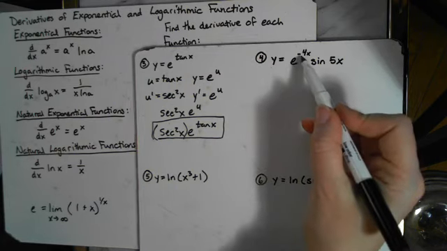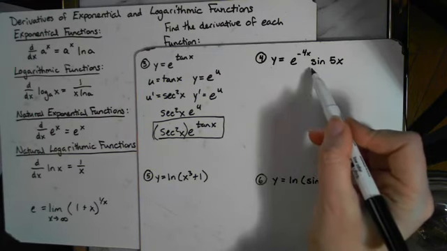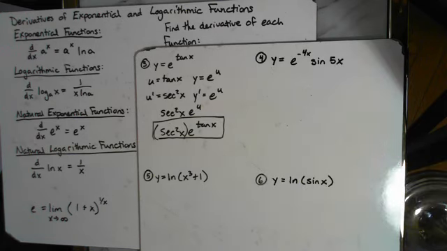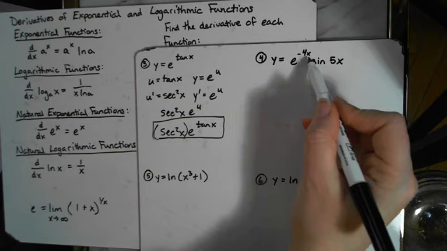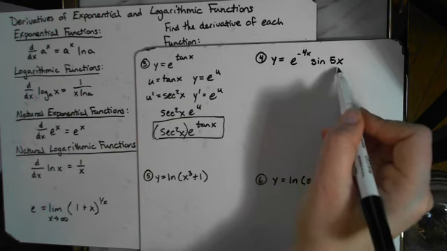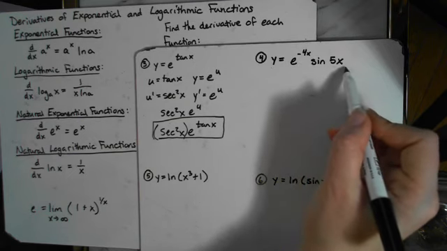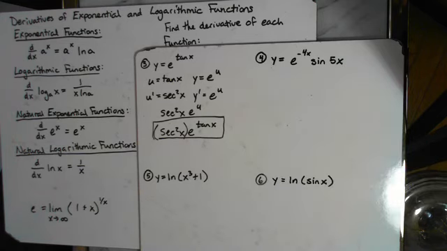Here I have e to the negative 4x times sine 5x. So I not only have the chain rule going on with this power on my e, but I also have a product rule going on and an extra chain rule over here. So there's a lot going on in this function. Okay, so we're going to start out with defining u and v.